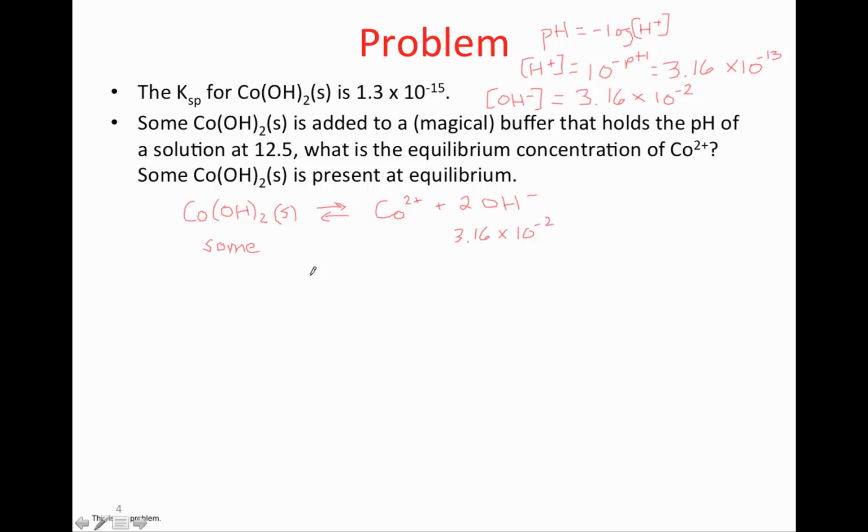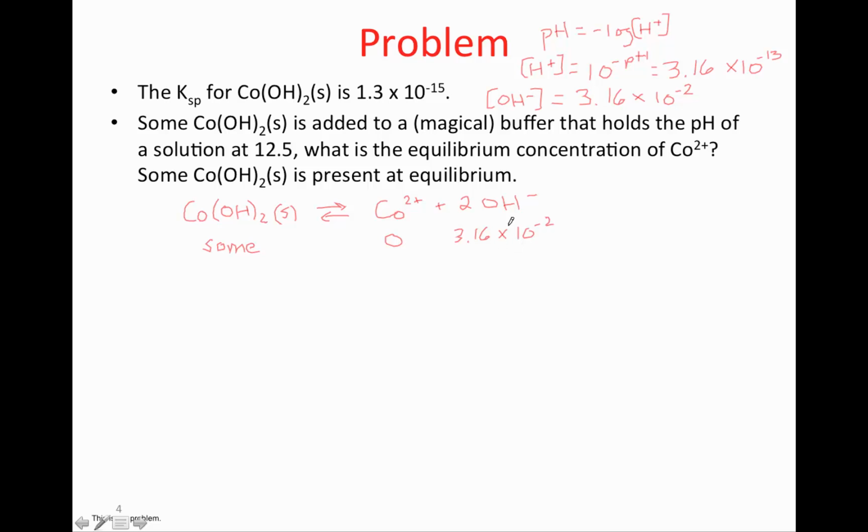And I have none of this cobalt, and the question is, am I close to equilibrium or not? The answer is probably, because the KSP for this material has a really small value, so I expect the cobalt concentration to be really small, and this just isn't going to change, because I have this magical buffer.